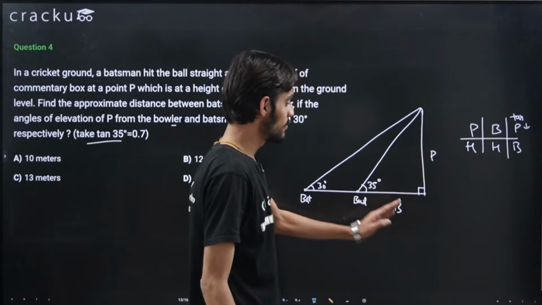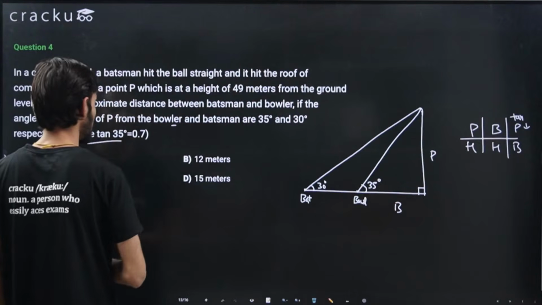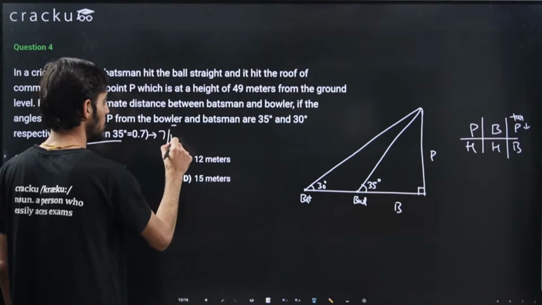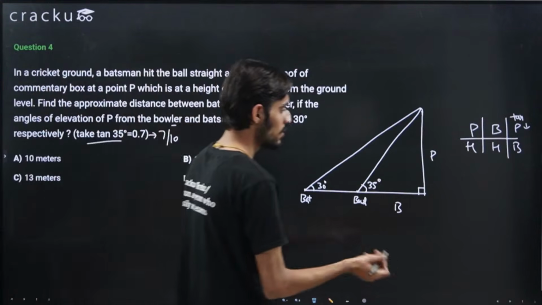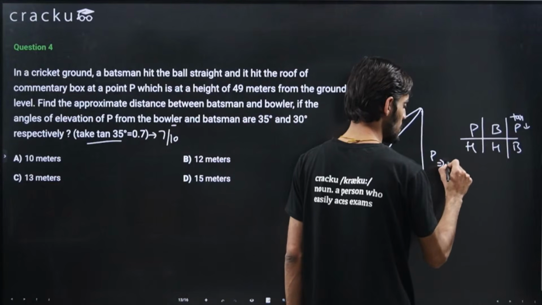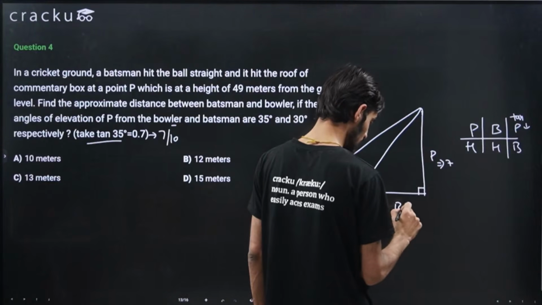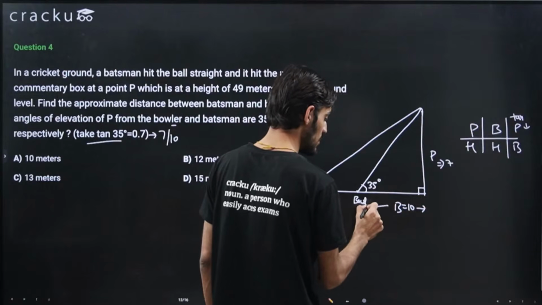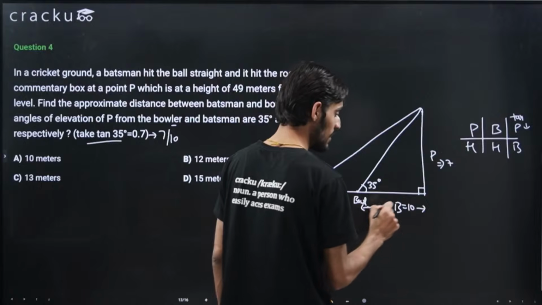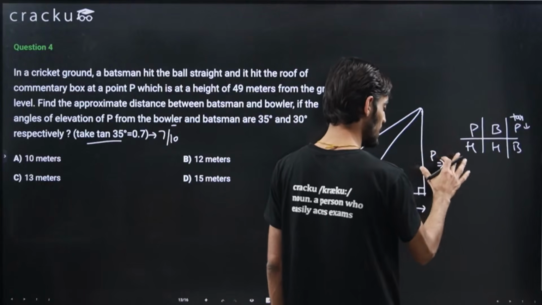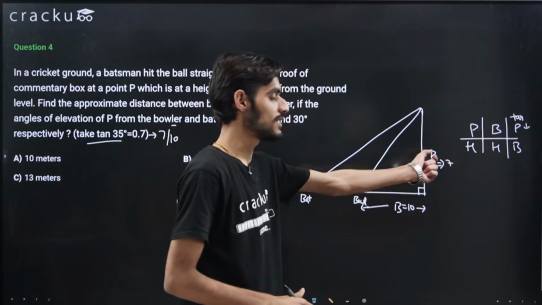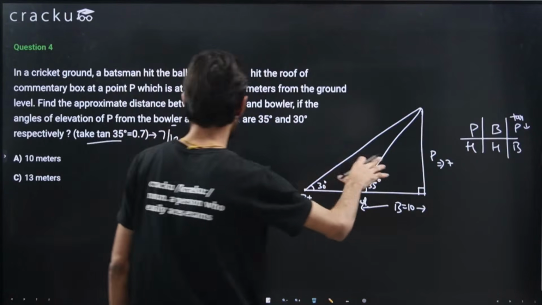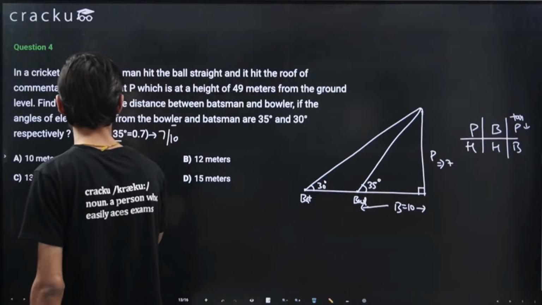We are given the value as 0.7. So 0.7 is essentially 7 by 10, right? In terms of ratios. So if this value is 7, then this value will be 10. Just in terms of ratios, right? These are not actual terms, but just in terms of ratios. If I take this value as 7, then this value will be 10. If I take this as 14, then this will be 20, and so on. This was with the help of the value that was given to us.